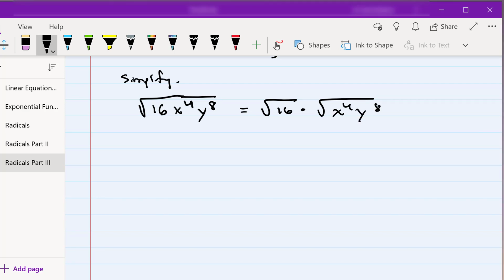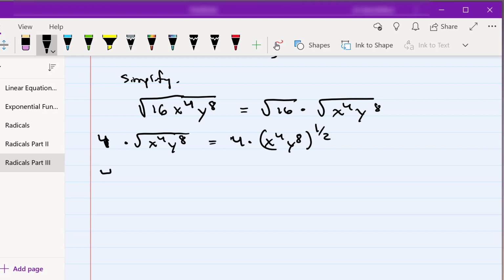The square root of 16 is simply 4 multiplied by x to the fourth y to the eighth to the power of 1/2.